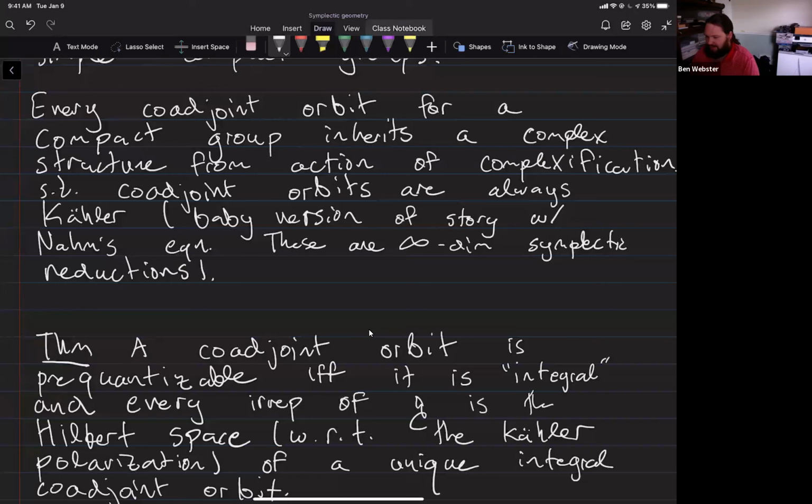We had this discussion about Nahm's equation for constructing hyper-Kähler metrics on the complex groups. Well, you can actually write the coadjoint orbits for compact groups as infinite dimensional Kähler reductions and get their Kähler structure that way.